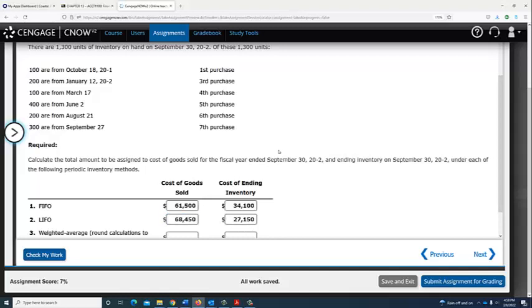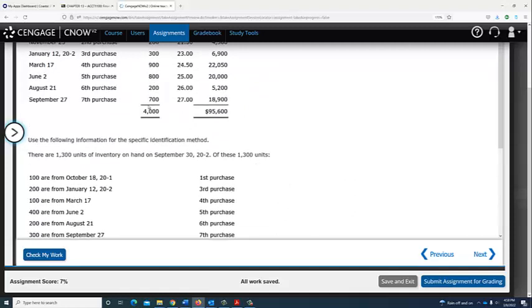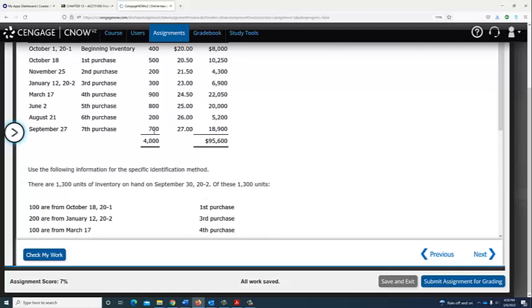And once again, I could have done this the hard way by getting the value of the last 2,700 units. So that would have been 700, 200, 800, 900, and then 100 from the third purchase, because the 200 was in ending inventory. The remaining 100 must have been sold.